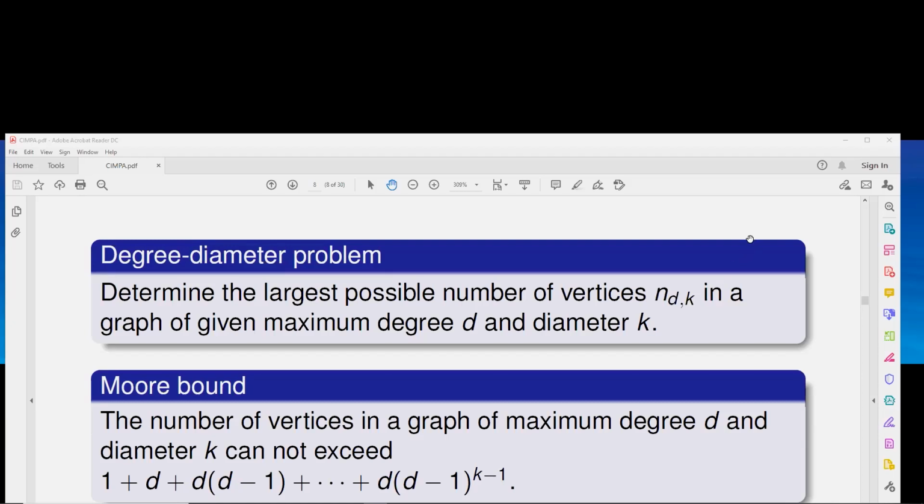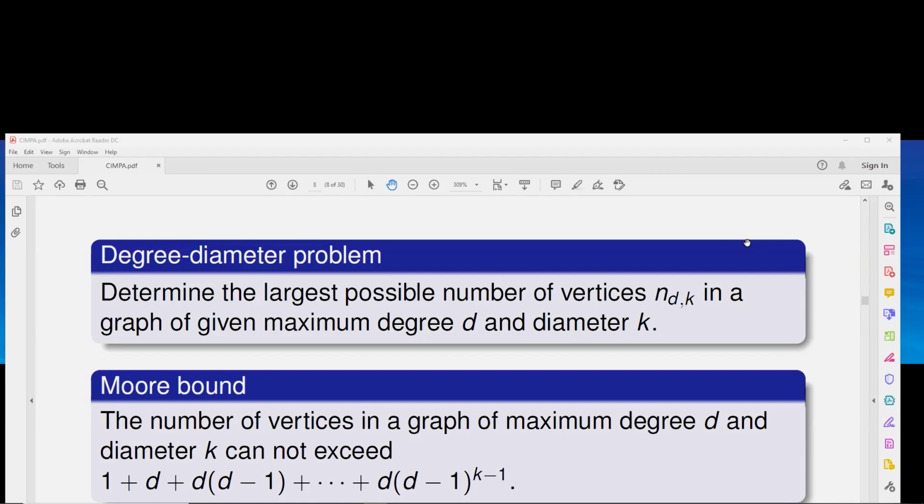And actually for small values, as maybe you can guess, the best way to find large graphs is searching by computers. But the computers will be able to overtake mathematical proofs or mathematical strategies only for small values, let's say if D and K are very small.